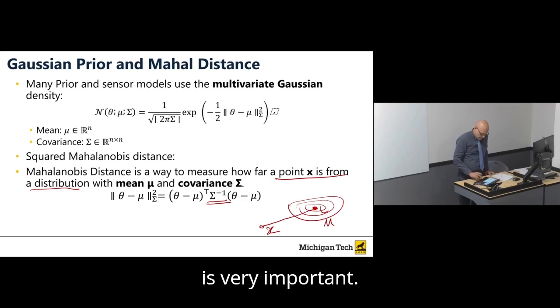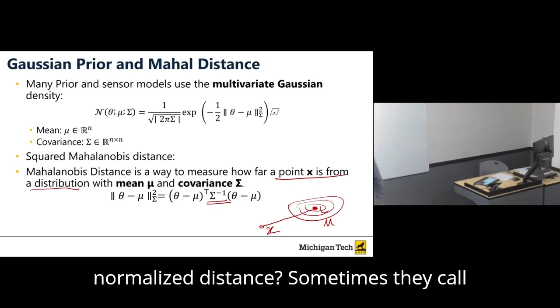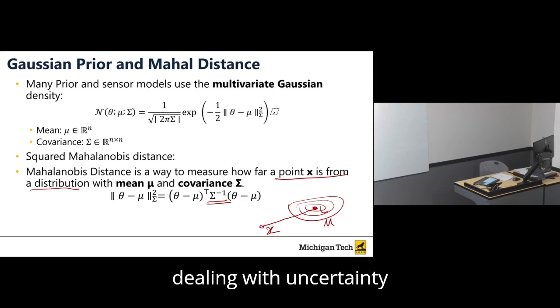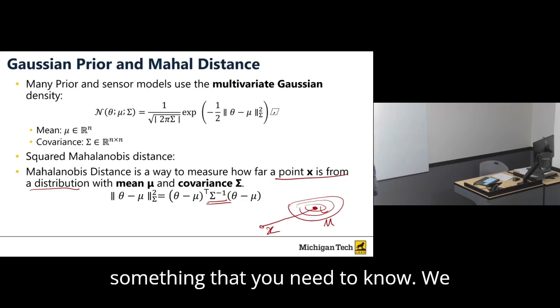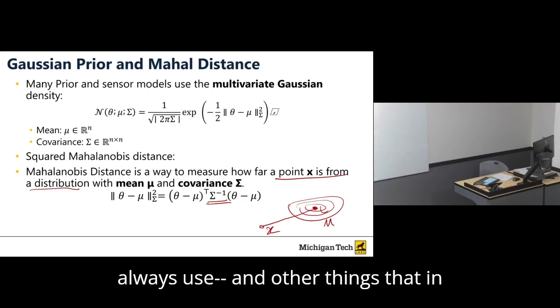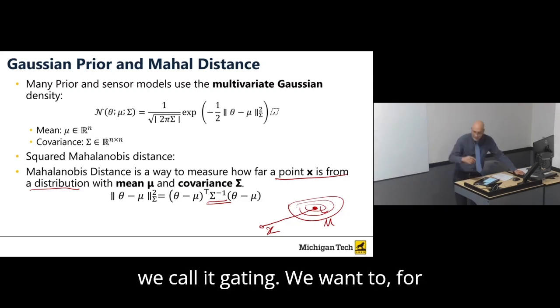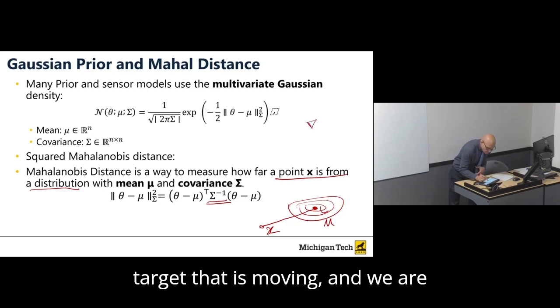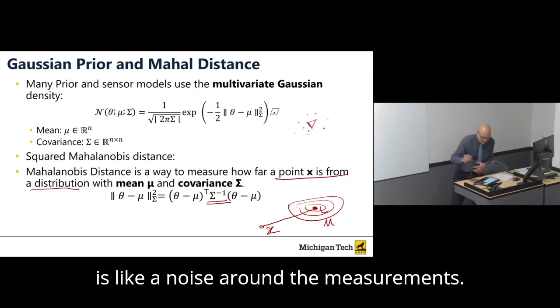That is very important. Have you heard of Mahal distance before? Sometimes they call it normalized distance. When you are dealing with uncertainty, or with probabilistic perception, that's something you need to know. Another thing we always use in robotics or tracking is gating. For example, we have a target that is moving and we are tracking it, and there is noise around the measurements.